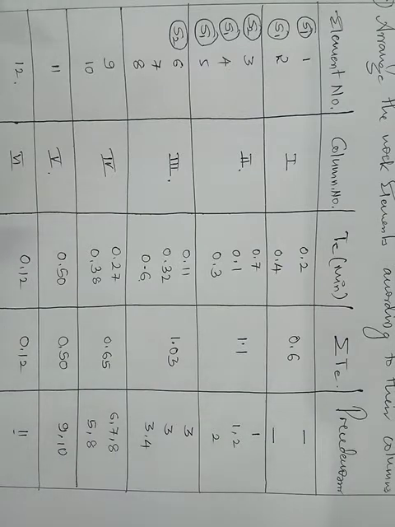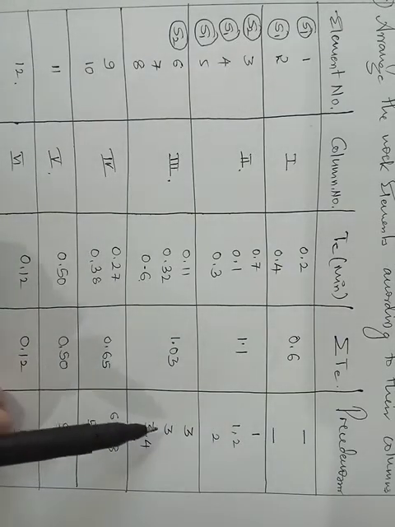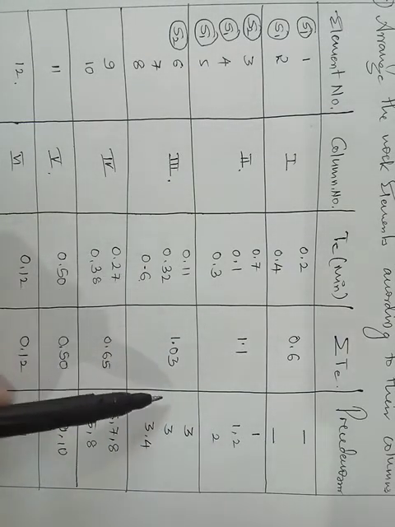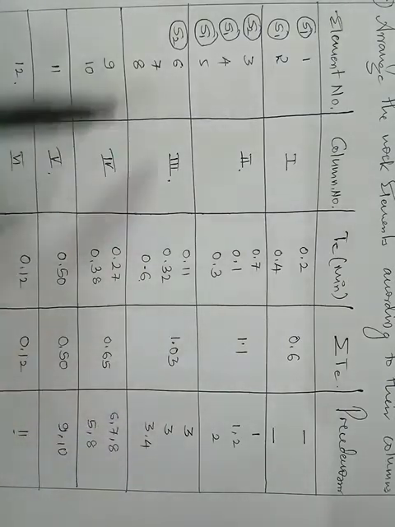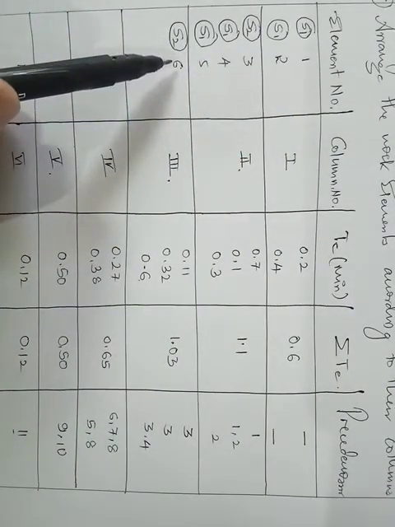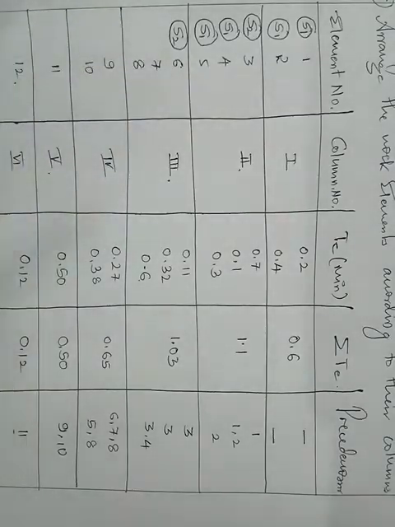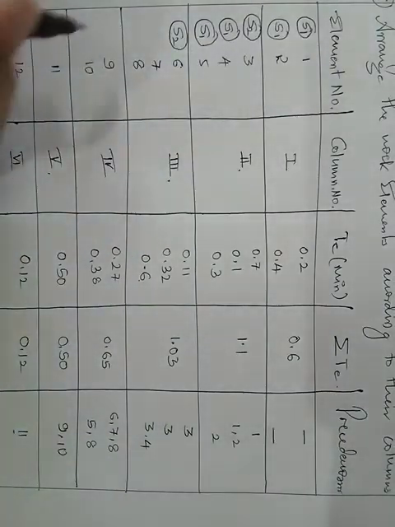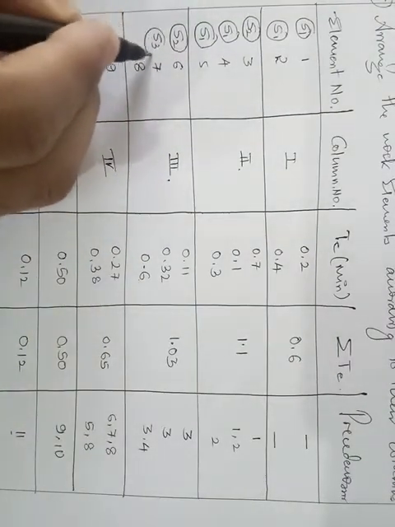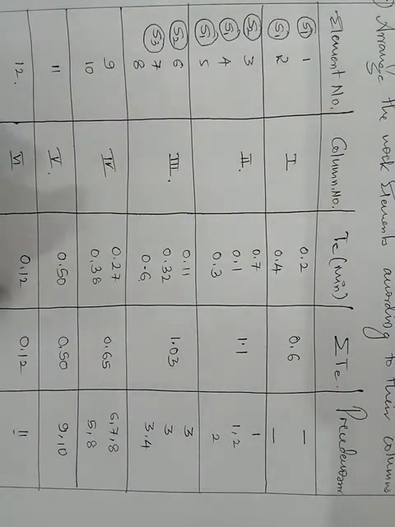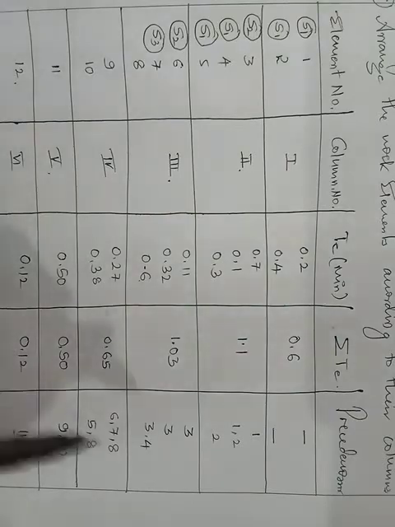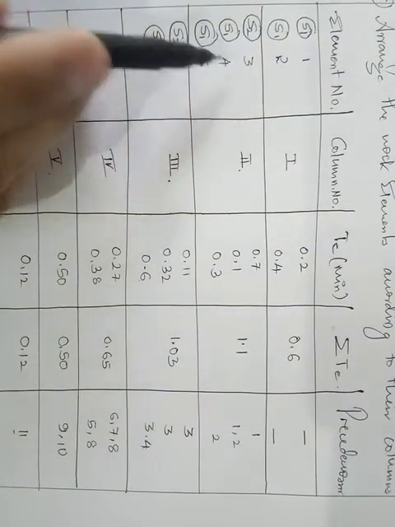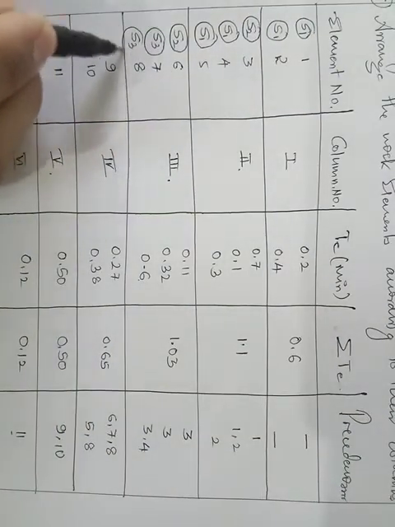So for station number 3, all these precedences you need to check. Whichever are allotted, you check where they come as precedence. Now you can check 3. Yes, 3 is already completed, so I can give this to station number 3. So it is 0.32. Next, both 3 and 4 are completed, so this also I can give to station number 3.